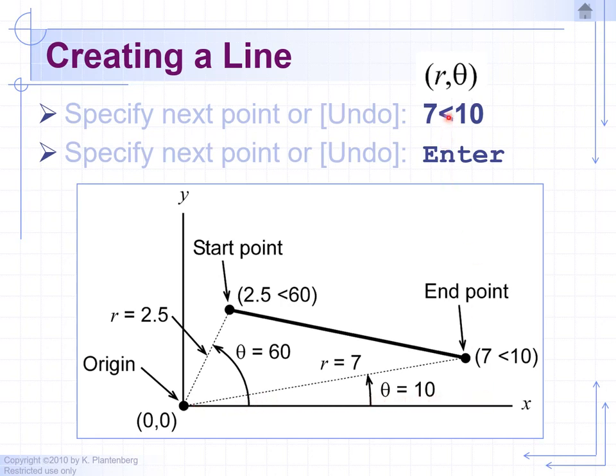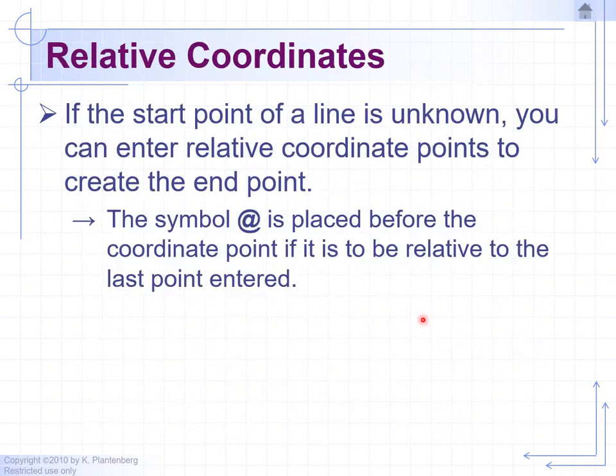And then we're going to hit the Shift key, comma, to get to the less than symbol, and type in 10, enter, and it'll define our second point, and it'll generate our line for us. So once again, 7 is the length. The angle is 10 degrees, counterclockwise.